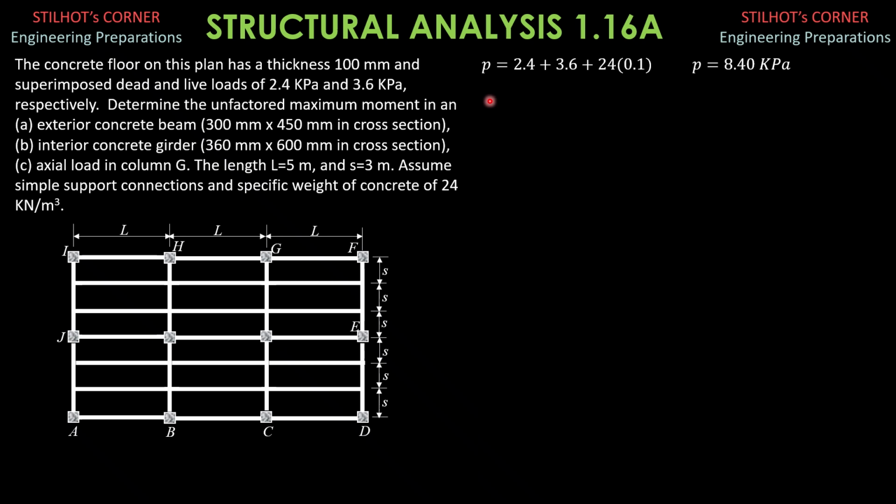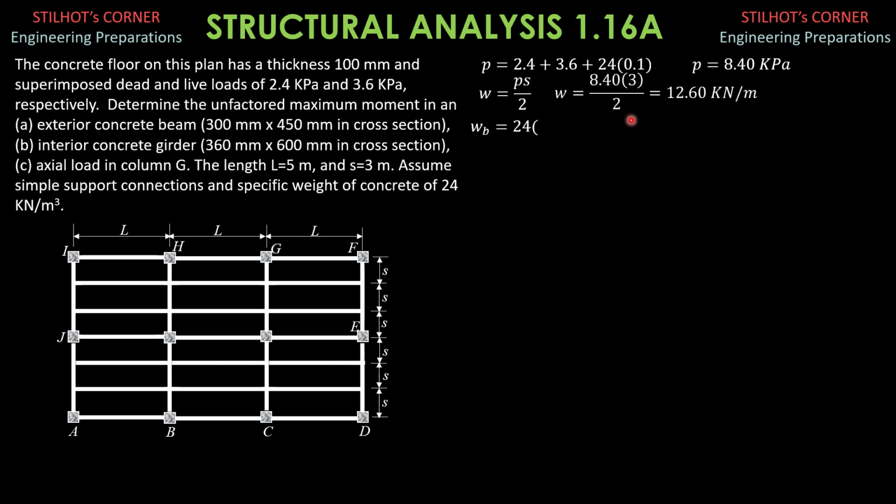Then the weight of the beam is specific weight 24 times cross-sectional area 0.3 times 0.45. So W therefore is PS over 2, pressure 8.4, S 3 over 2. So it is 12.6 kilonewtons per meter.